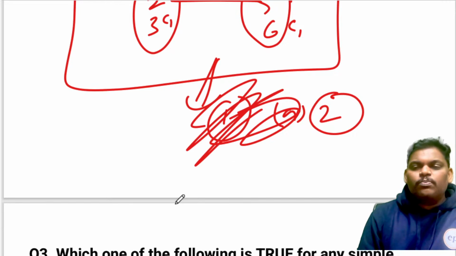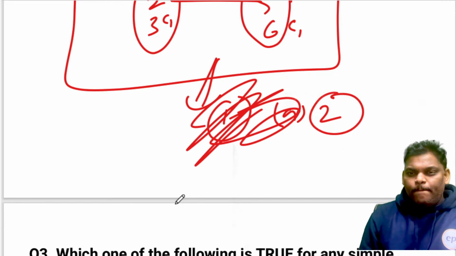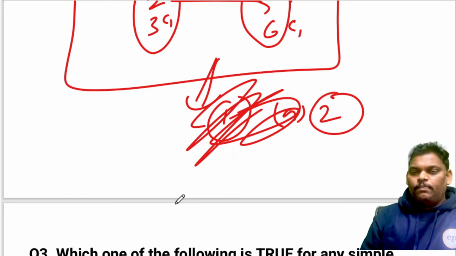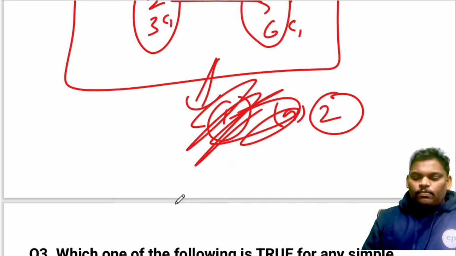Can we move to the next problem? Check if anyone has a small doubt also.